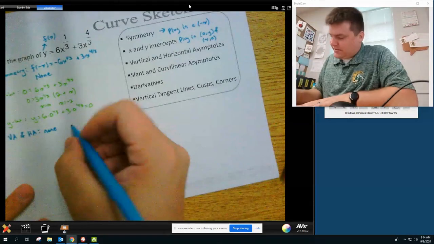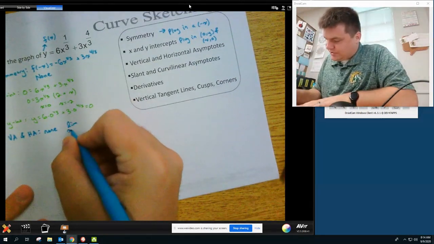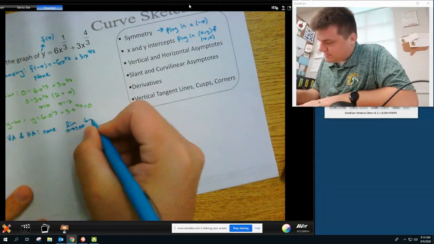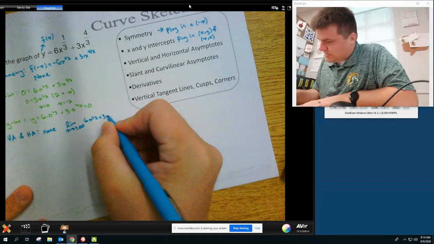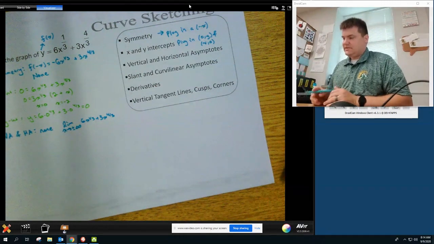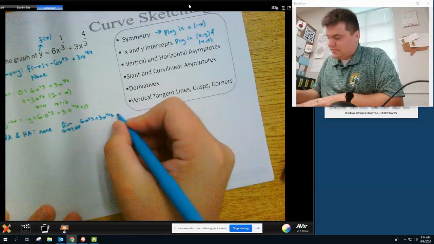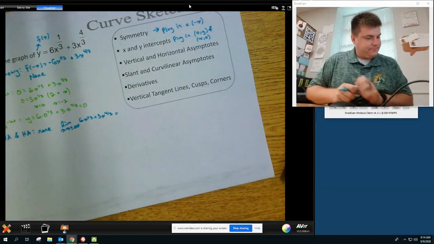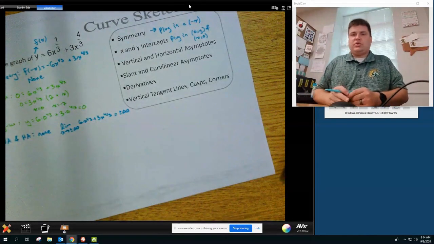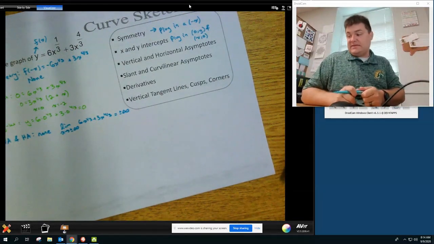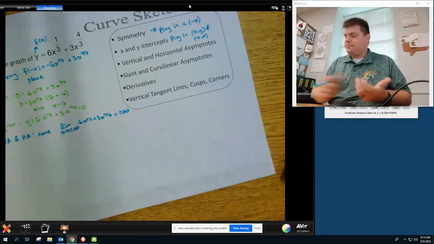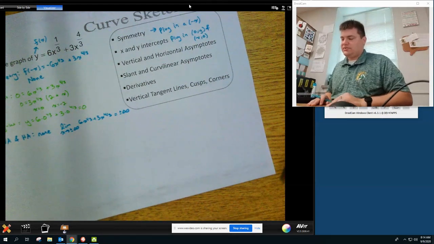Real quick, if I do the limit as x approaches positive or negative infinity of this function, it's not going to equal a number. It's going to equal positive or negative infinity, because nothing weird is going on with it. We don't have any restrictions with ln's or with fractions, so there's going to be no horizontal and no vertical asymptote whatsoever.